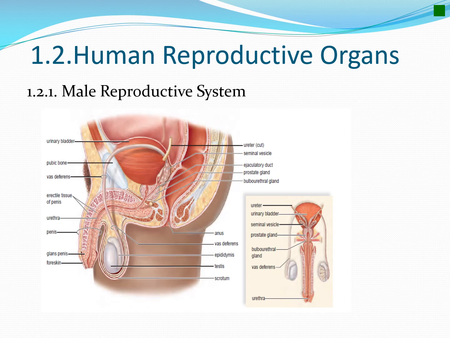The sacs are two seminal vesicles, two bulbourethral glands, and one prostate. The tubules are the vas deferens or sperm duct, ejaculatory duct, and urethra.